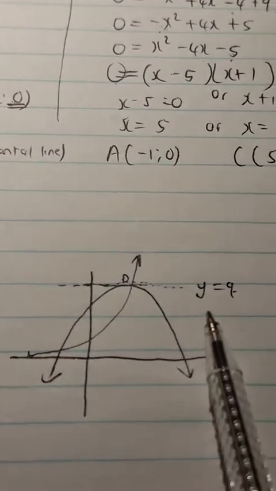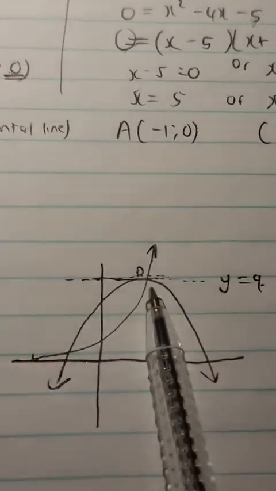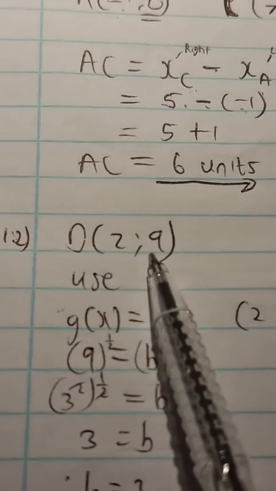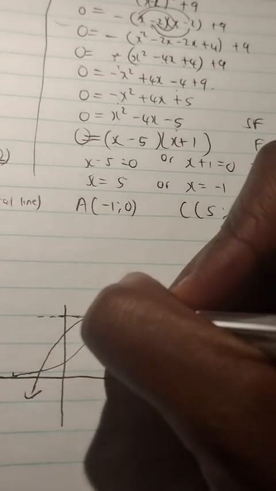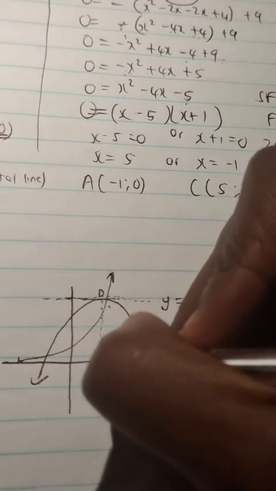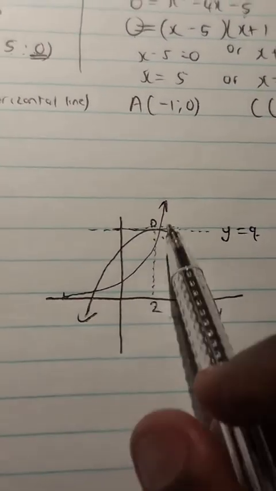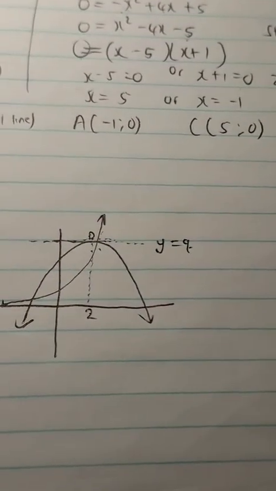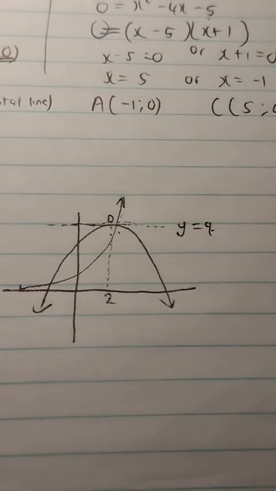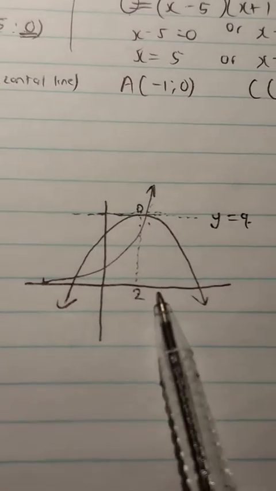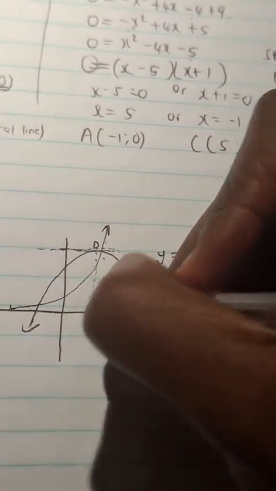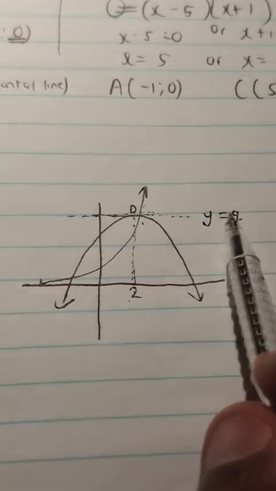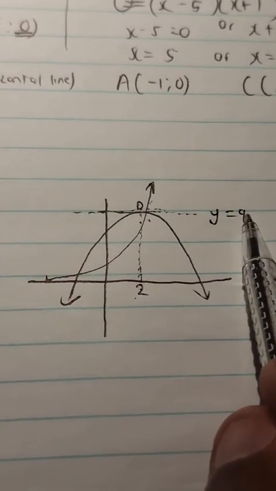So let's be clear about this: the coordinates of D, as you guys indicated, are 2 and 9. That means when x is equal to 2, the y value at this point is 9. When the x value is 2, the corresponding y value is 9.